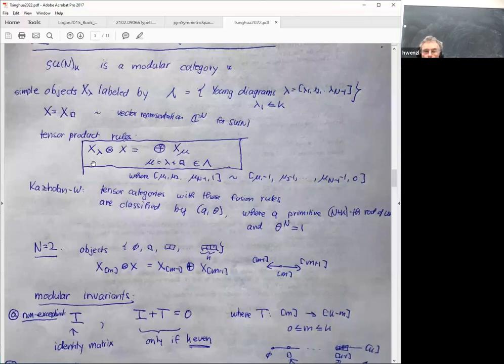So if I have a simple object labeled by the diagram lambda, and I tensor it with X, the element corresponding to the vector representation, I get a direct sum of objects labeled by Young diagrams mu, which can be obtained by adding a box to lambda.